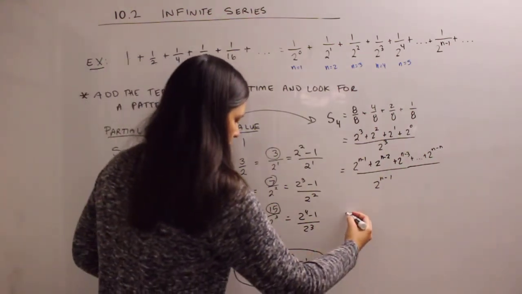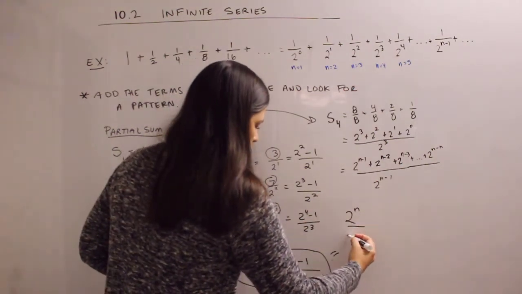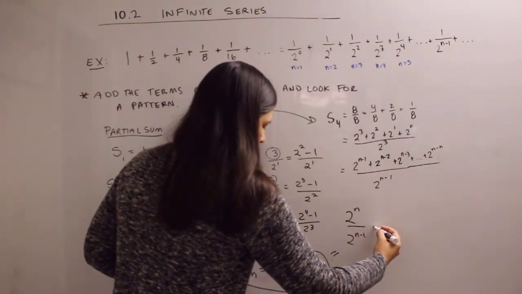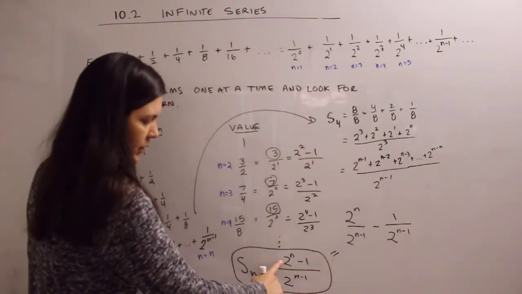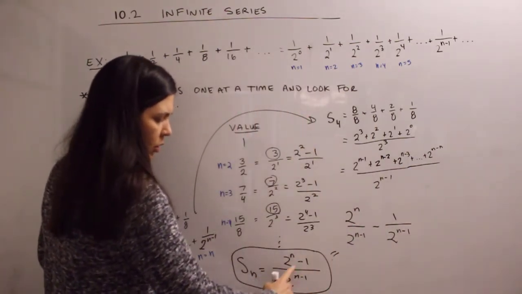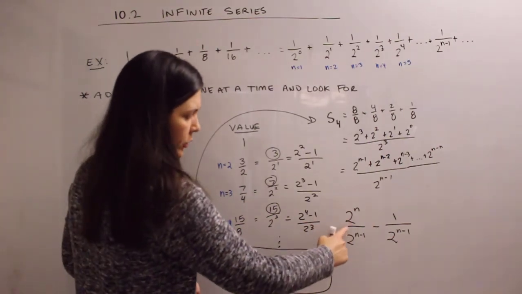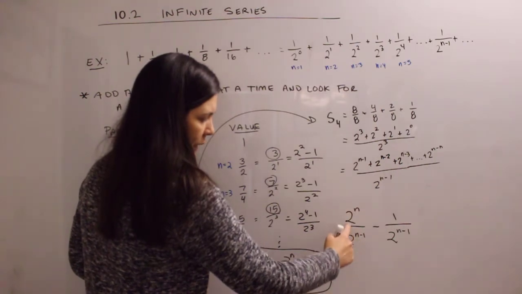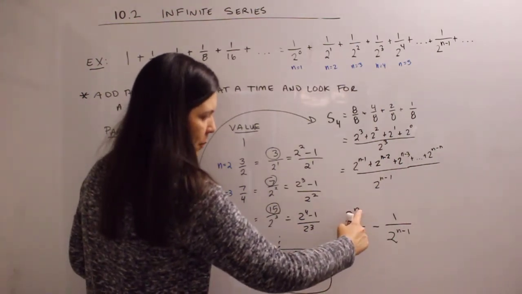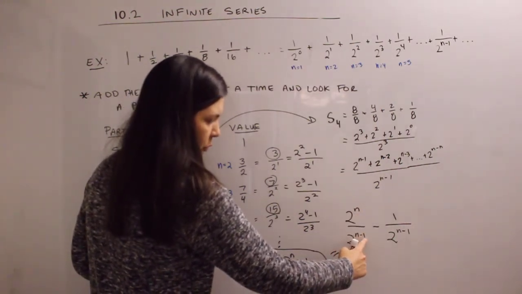You can separate the terms. You could say this is 2 to the n over 2 to the n minus 1, minus 1 over 2 to the n minus 1, if I just separate the terms in the numerator over the denominator. And using your rules of exponents, you can subtract the exponents when the bases match. So n minus n minus 1.